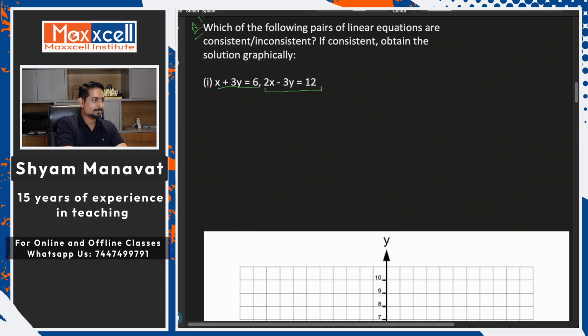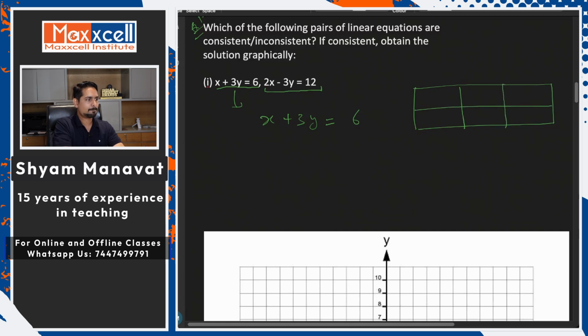So let me take equation number 1 here, which is x plus 3y equal to 6. What do we do? We take a table of x and y values, remember this box. I have told you my way of doing it; I keep it simple.